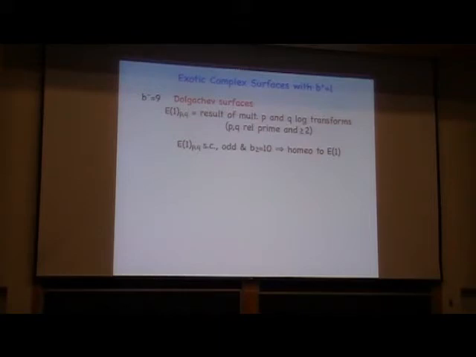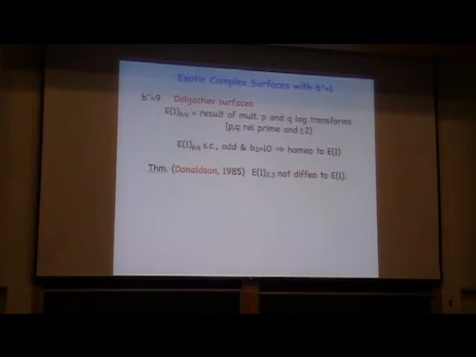But Dolgachev proved that if you do two log transforms, then your surface is elliptic, B plus equals 1. It's still homeomorphic to E1, but it's no longer birational to it. So it's not a rational surface.